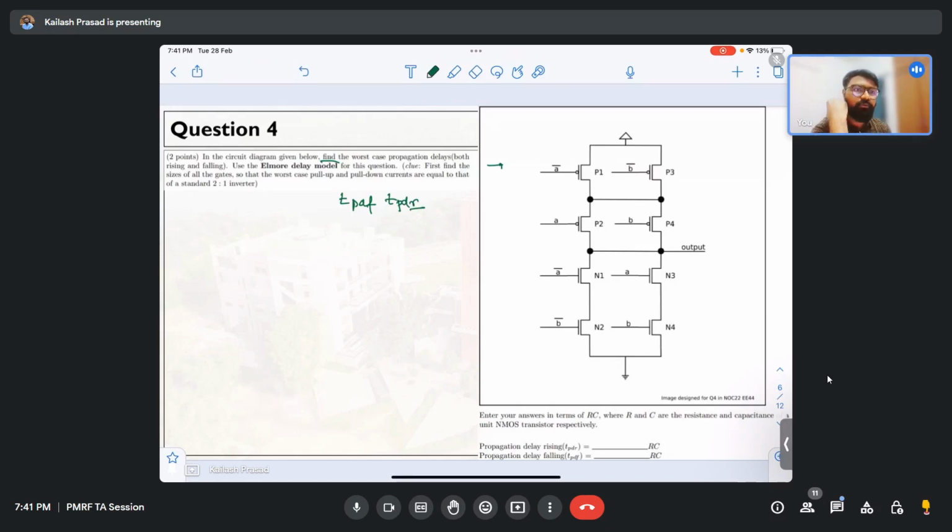Whenever you want to find the delay of the circuit, the very first thing you have to do is size the circuit. So everybody please tell me the size of all of these transistors P1, P2, P3, P4, N1, N2, N3, N4.